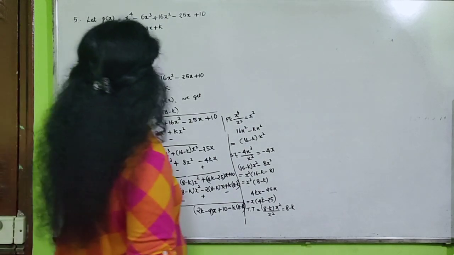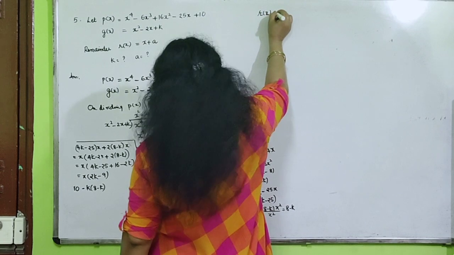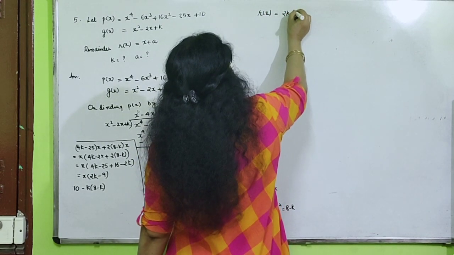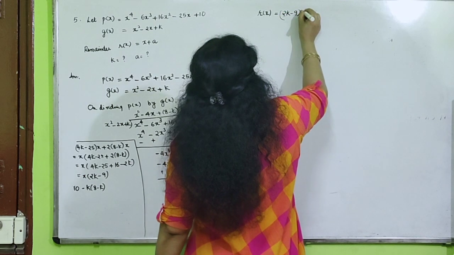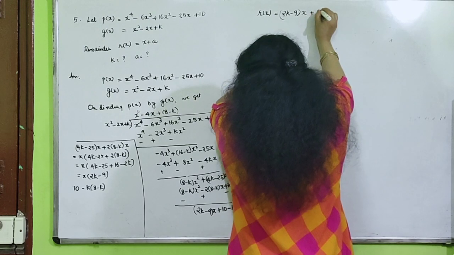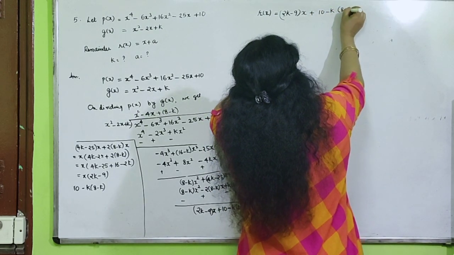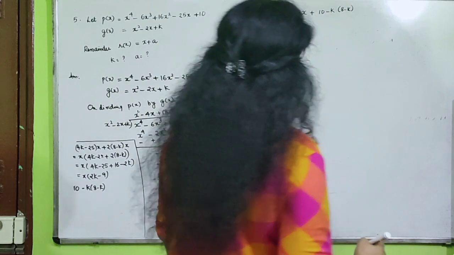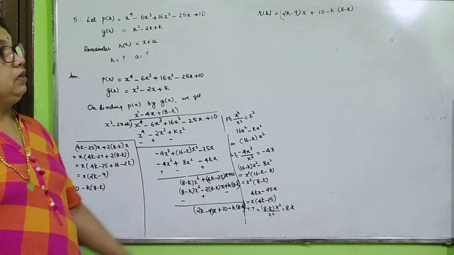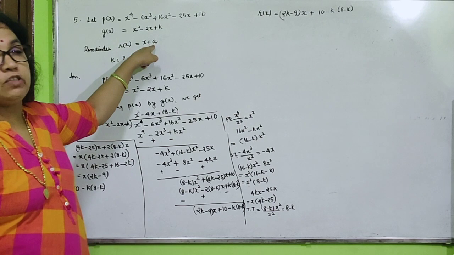So write the remainder. For r of x we got, by simplification, 2k minus 9 into x plus 10 minus k into 8 minus k. This is the remainder we got by dividing p of x by g of x. Here in the question it is given, what is the remainder? x plus a.